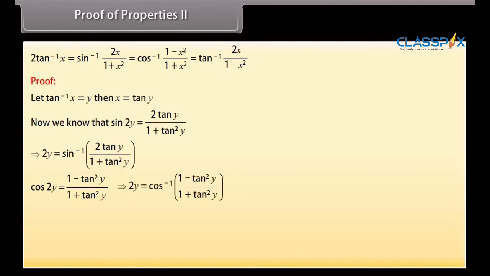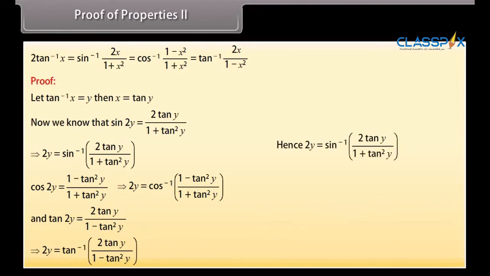It implies that 2y is equal to cos inverse of 1 minus tan square y by 1 plus tan square y. And tan 2y is equal to 2 tan y by 1 minus tan square y. It implies that 2y is equal to tan inverse of 2 tan y by 1 minus tan square y.